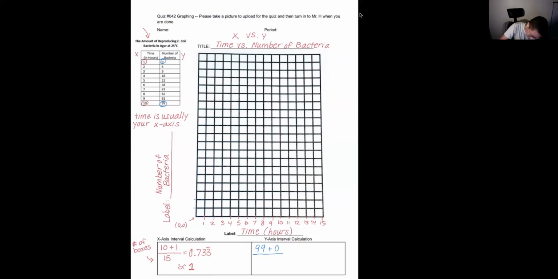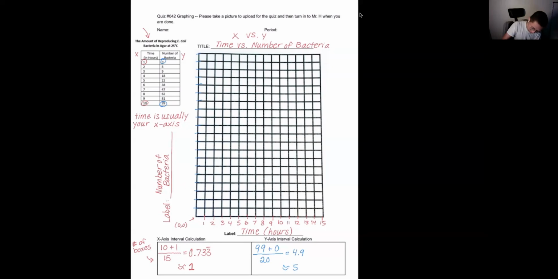So it'll be 1, 2, 3, 4, 5, 6, 7, 8, 9, 10, 11, 12, 13, 14, 15, 16, 17, 18, 19, 20. And that will be about 4.9, which will be about 5.